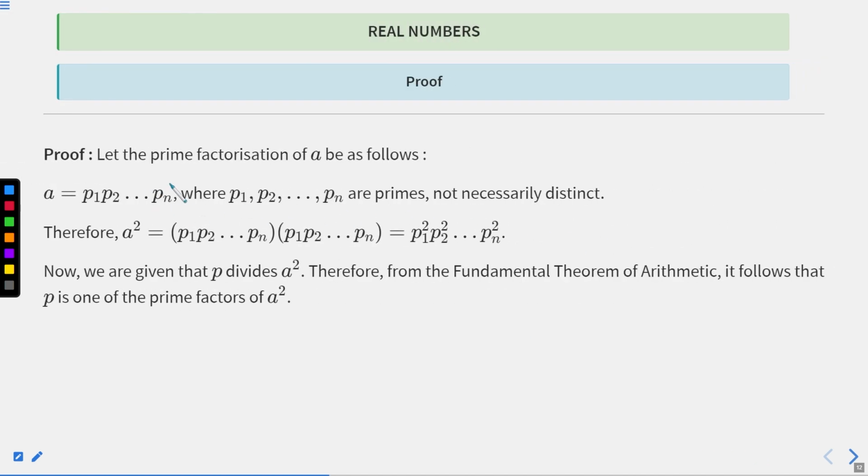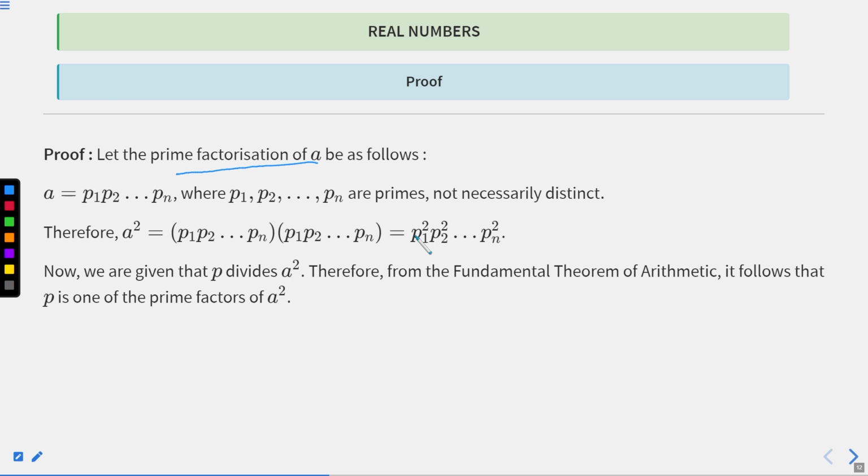Here, first let us take the prime factorization of a. So a is equal to p1, p2, p3 dot pn, where p1, p2, p3, pn are primes, not necessarily distinct.